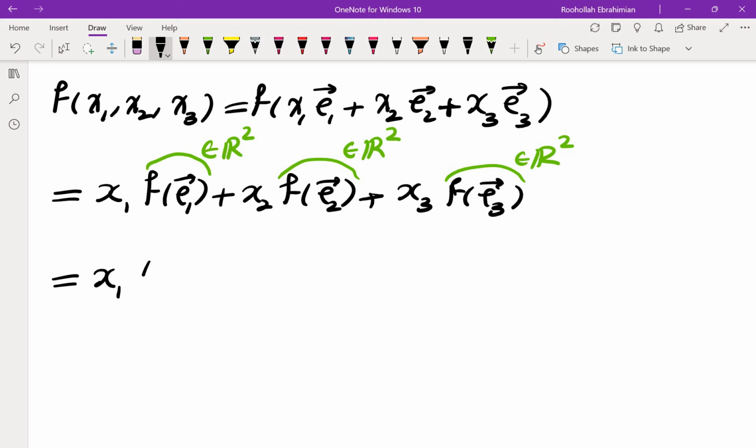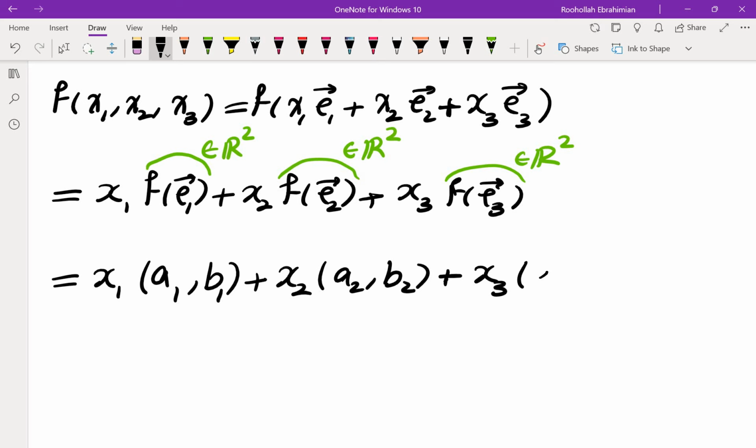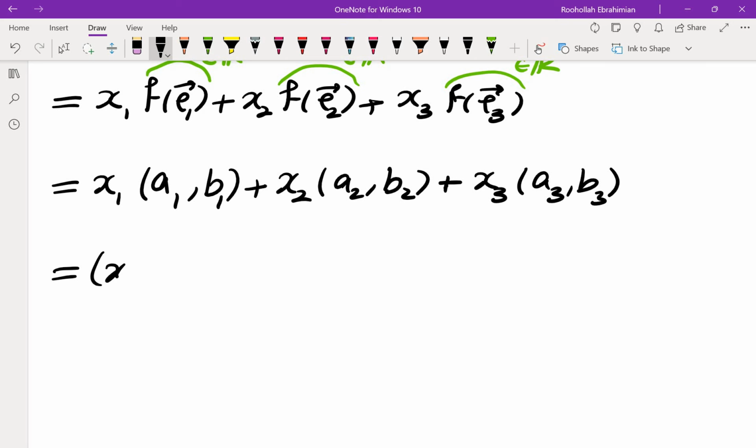So let's just say the coordinate of the first one is a1, b1. The coordinates of the second one are a2, b2. Coordinates of the third one are a3, b3. Then you can say, in fact, the coordinates are x1 a1 plus x2 a2 plus x3 a3, and x1 b1 plus x2 b2 plus x3 b3.